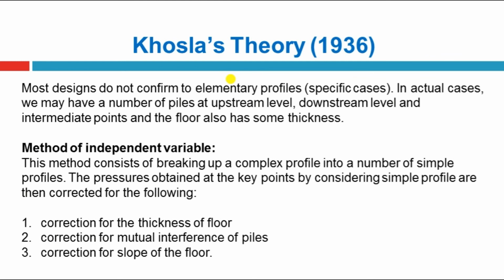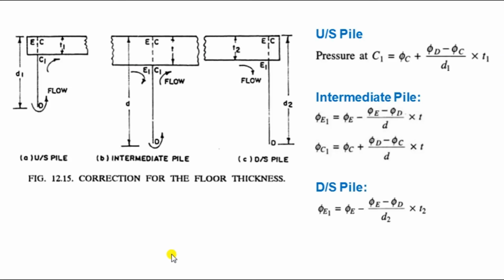The pressure obtained at a key point by considering simple profiles is corrected for the following. So for the different portions of our profile, down profile, bed profile, we have to correct portion-wise. So correction for thickness of floor, correction for mutual interference of piles, correction for slope of the floor.